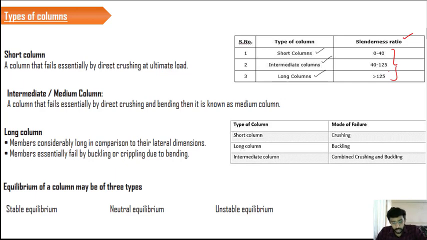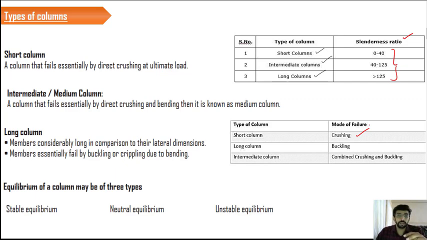Now, we have to understand why these columns are classified as short, intermediate, and long columns. It is purely based upon the mode of failure. A short column fails by crushing. Short column, as the name suggests, is comparatively very small in size, so it usually fails by crushing.